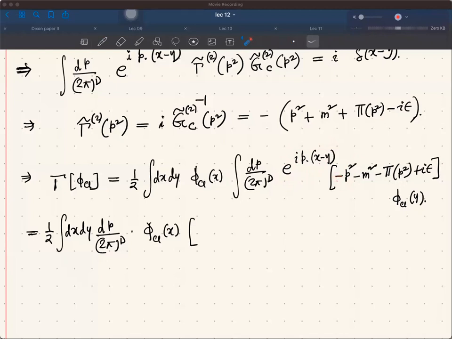So minus p² is equal to ∂_y² minus m² minus Π. P² means minus ∂_y².